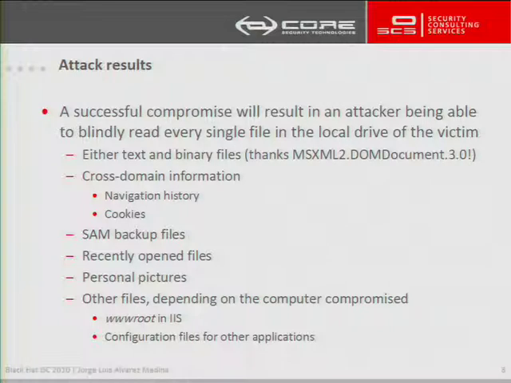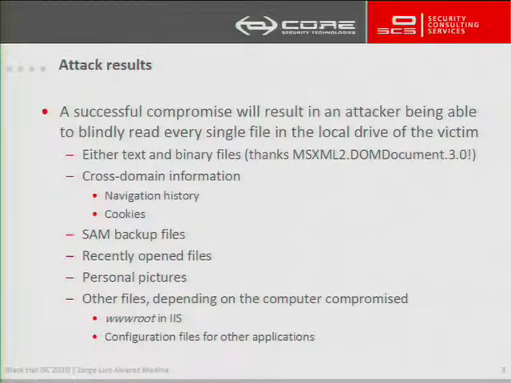Those files include binary files and text files. You can also access cross-domain information such as cookies for the website you're visiting and all of the history files. Backup files in network administration environments are really common.